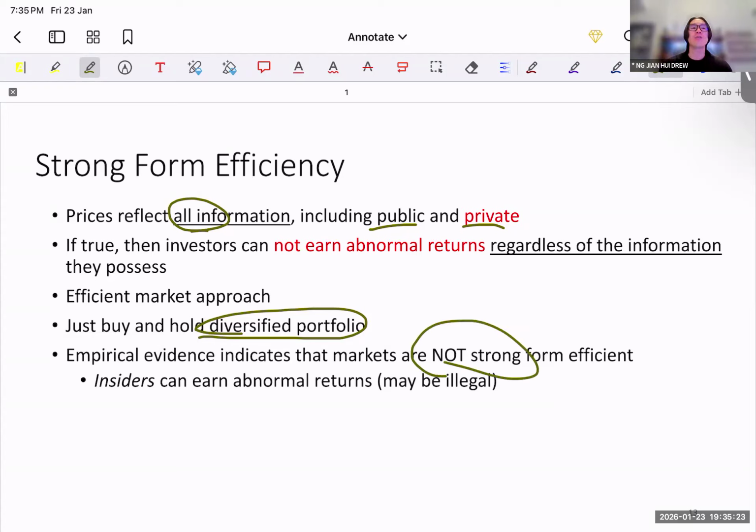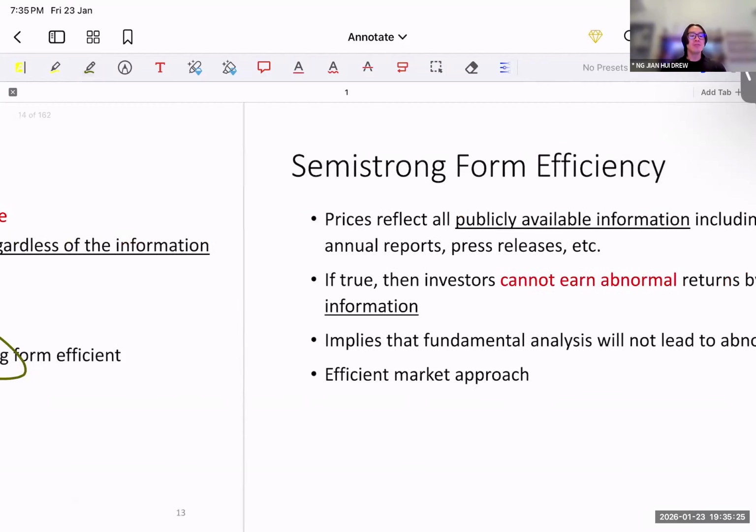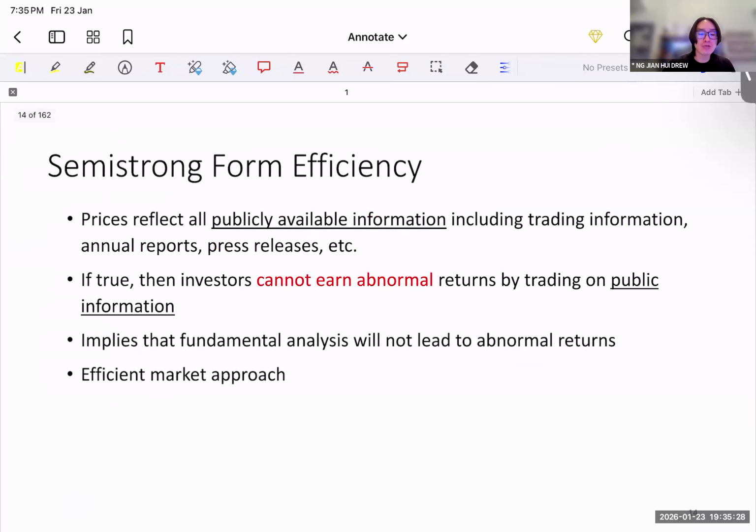There is some kind of inefficiency in the market, which is where we move on to the semi-strong form, where it only includes publicly available information. And this information includes things like reports and press releases, and so if you are an investor and you only have public information, then you cannot earn any extraordinary returns, right?